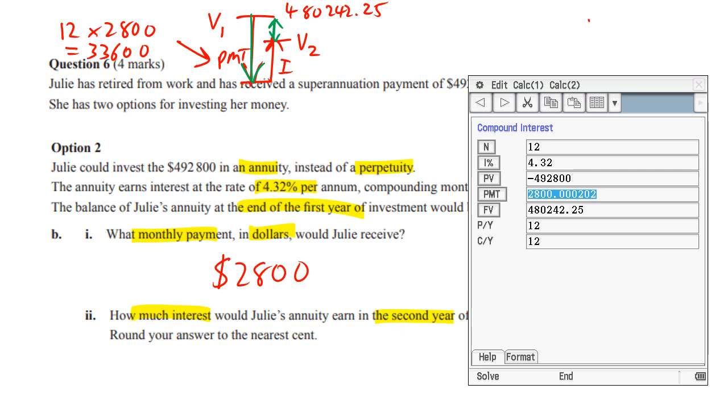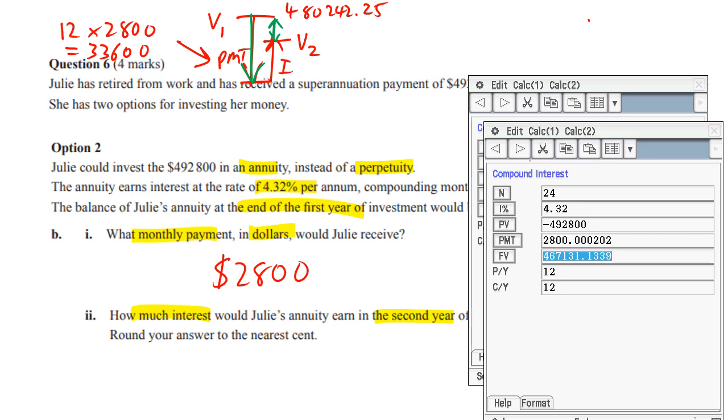So we hit our calculator again, and we do 24 for the payments because it's in the second year, and keep the interest rate the same, still paying that money to the bank. There's our payment. Don't worry about the decimal places, it doesn't make any difference. Monthly.